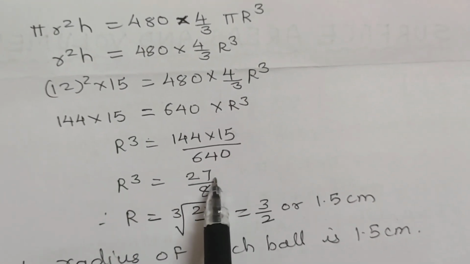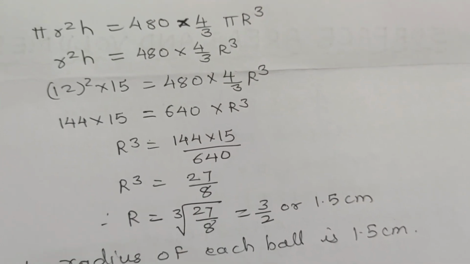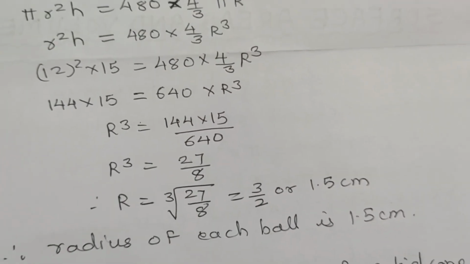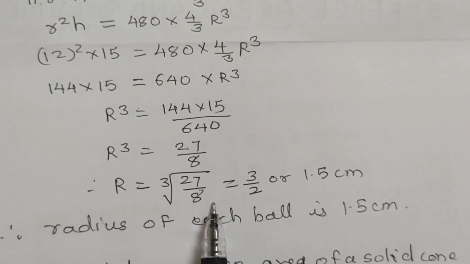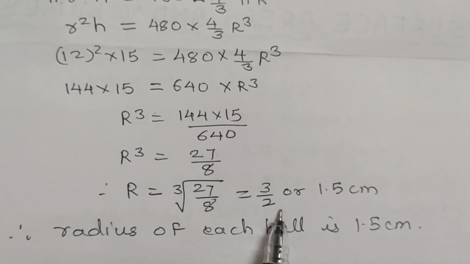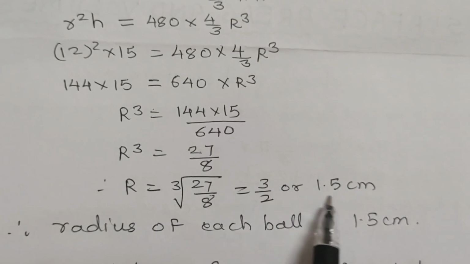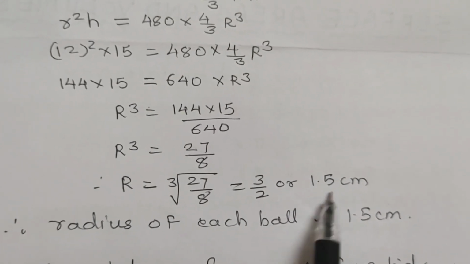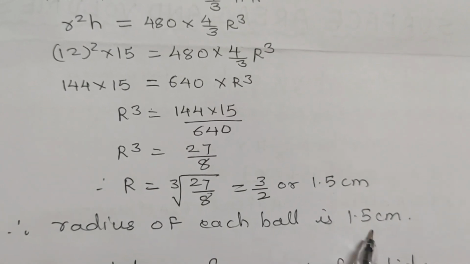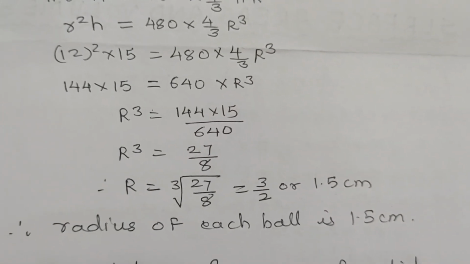So r cube is equal to 27 upon 8. So r is equal to cube root of 27 upon 8 is equal to 3 upon 2, or after dividing here we are getting 1.5 centimeter. Therefore the radius of each ball is 1.5 centimeter.